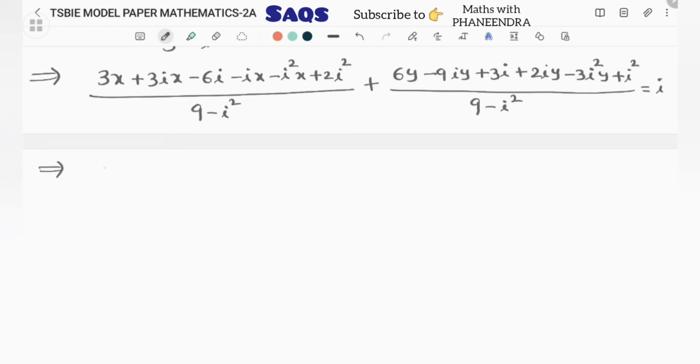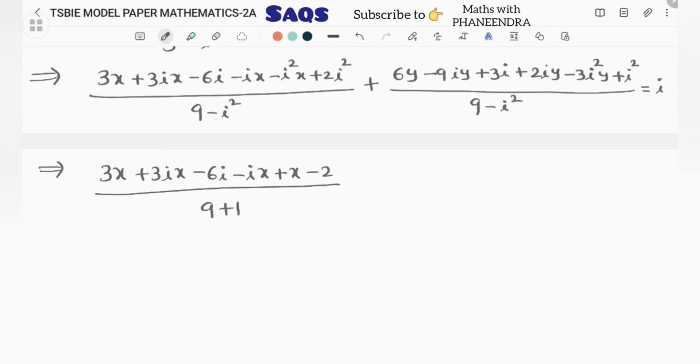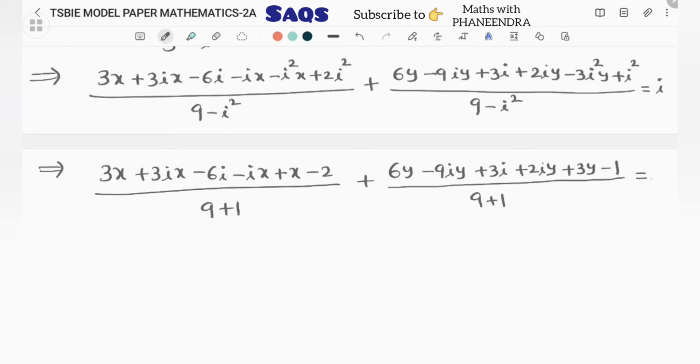So 3x plus 3ix minus 6i minus ix, i squared value is minus 1, so minus of minus, plus x, minus 2, divided by 9 plus 1, i squared value minus 1, no? 9 plus 1, plus 6y minus 9iy plus 3i plus 2iy, i squared value minus 1, so minus of minus, plus 3y, minus 1, divided by 9 plus 1, which is equal to i.